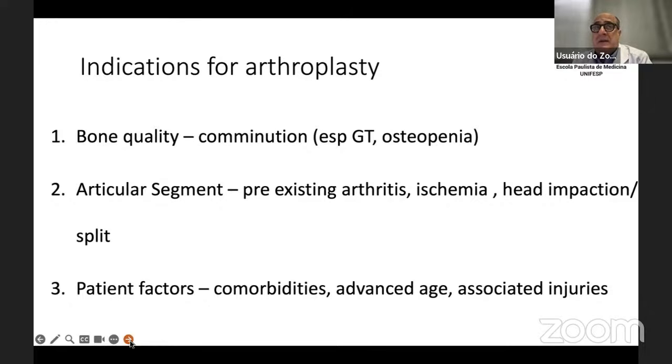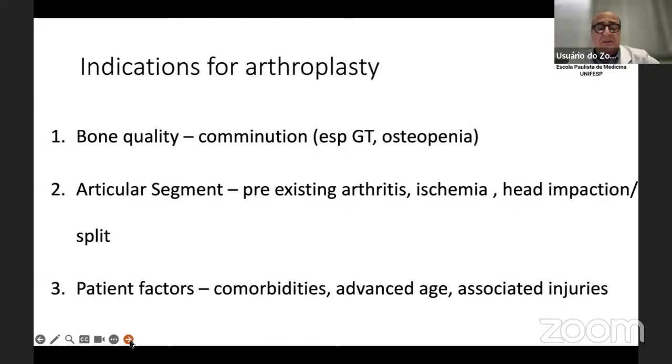Here in Brazil, we have to treat patients that had a trauma that occurred a month ago. And for example, when the patient has a fracture-dislocation, this is a situation of ischemia, mainly of the epiphyseal part of the head of the humerus, that maybe can be better treated with an arthroplasty, as well as head impaction and head split.